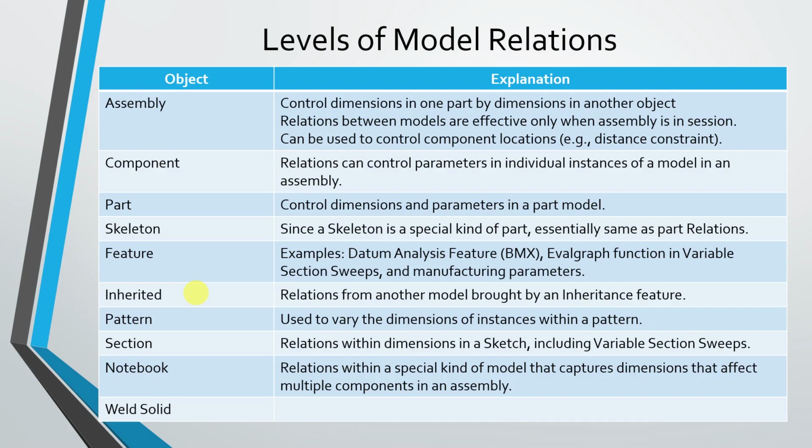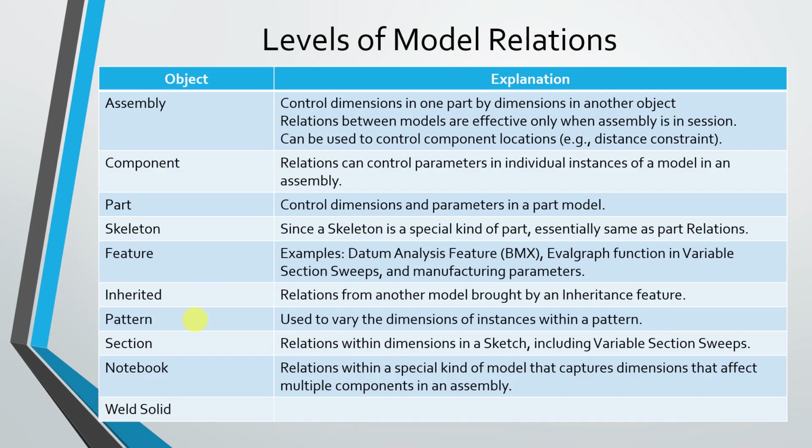If that other part model has relations in it, then the target part that gains the inheritance feature is going to inherit all the different relations that were created in the original source model for the inheritance feature.